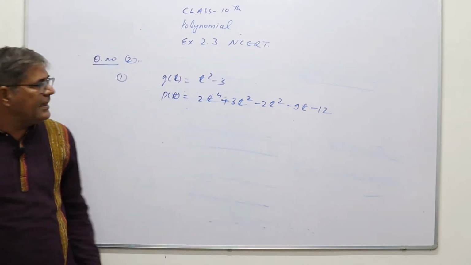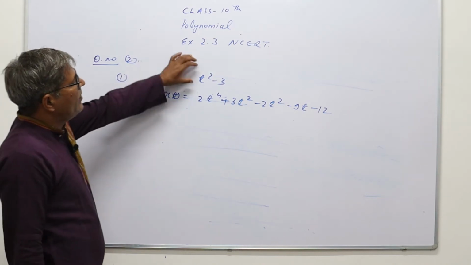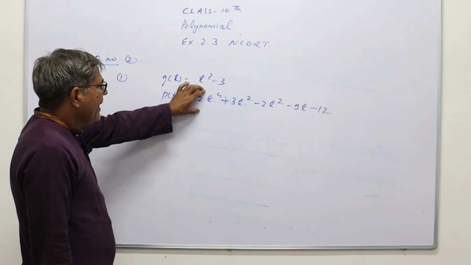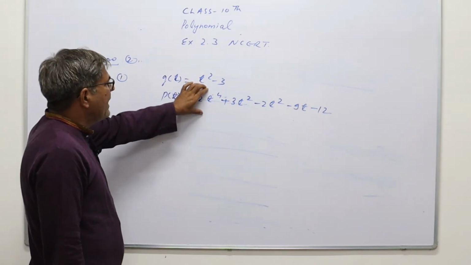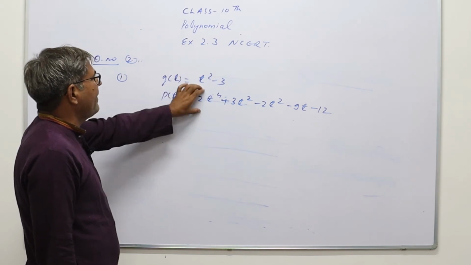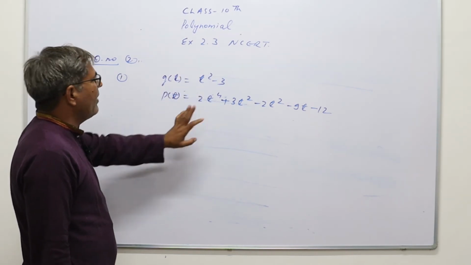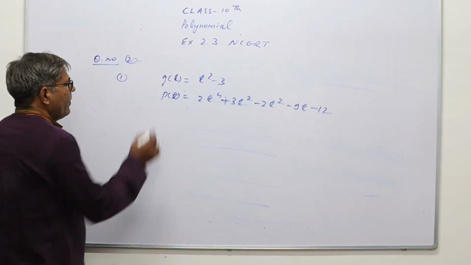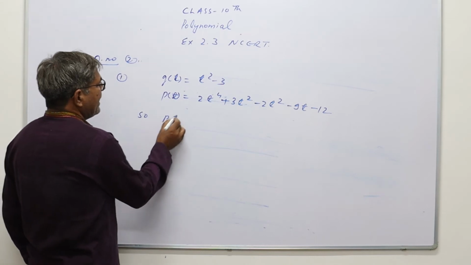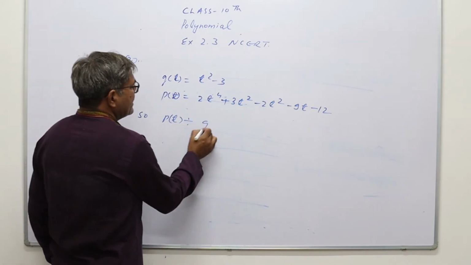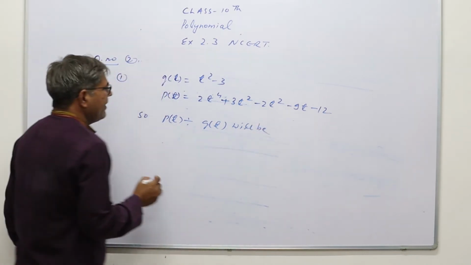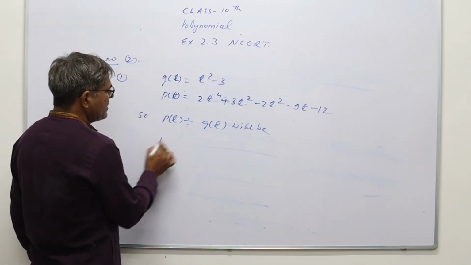Now it is given that the first polynomial, that is g(t), is a factor of the second, so we have to divide this p(t) by g(t). So if g(t) is a factor of p(t), then its remainder will be 0. So how will we divide p(t) by g(t)? Write p(t) first.